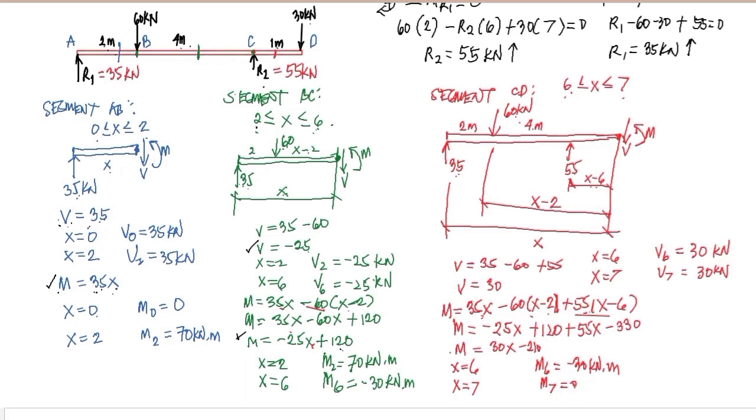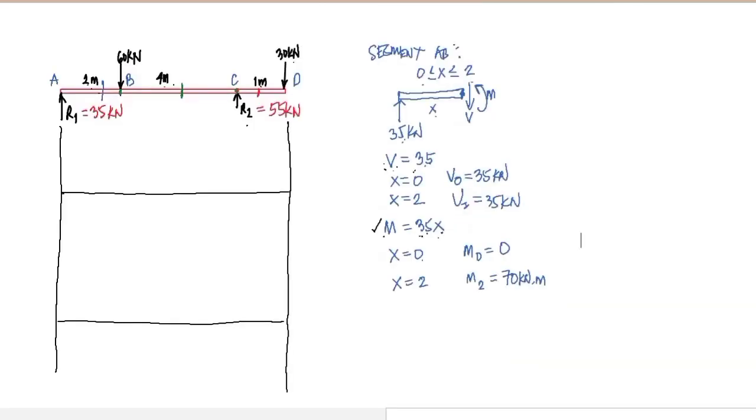So, since we already have the values here, what we are going to do is to draw the shear and moment diagram. And so, if we are going to draw the shear and moment diagram, so we have here, so this is our shear diagram, and this is our moment diagram. So this point here is 0 shear.